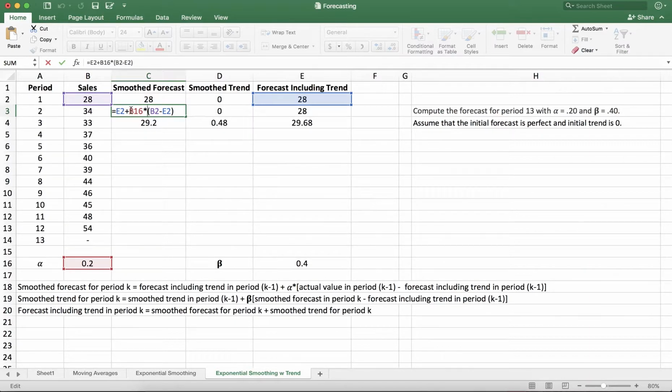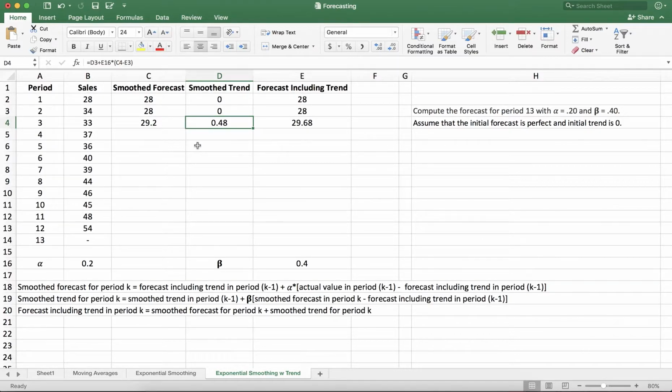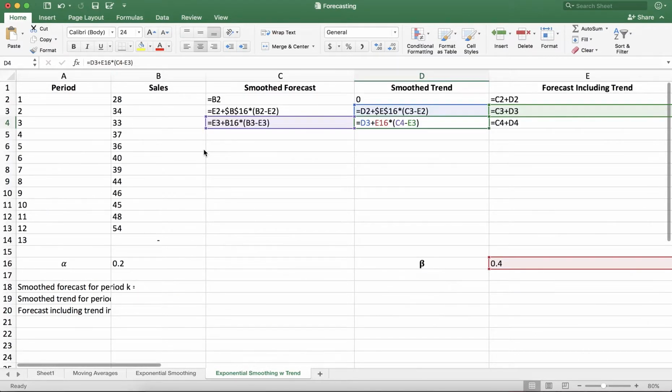B16 is constant because it showed up as B16 in the next cell, so I put dollar signs for this Excel cell, and then I do the same for the smoothed trend constant, which is E16, because it also shows up as E16 in the next row, and everything else increases by 1. Let's look at that again: everything else increases by 1. I put dollar signs around E16 and B16 because they will always show up as B16 and E16.